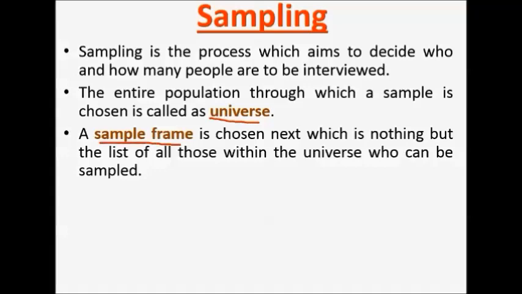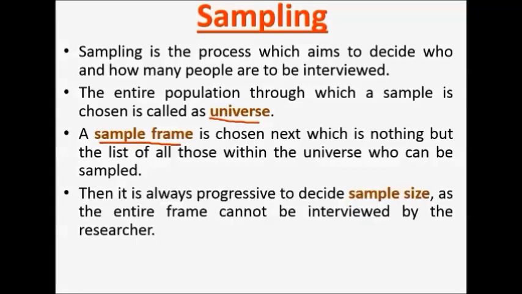then that will be called the sample frame. After the sample frame, it is always the next step to decide the sample size, as the entire frame cannot be interviewed by the researcher. So if you are selecting 60 to 65 colleges and you have already made a sample frame, then you have to decide how many students are to be interviewed out of those 60 to 65 colleges. 3,000, 4,000, 5,000 students, that you have to decide, and that will be your sample size.